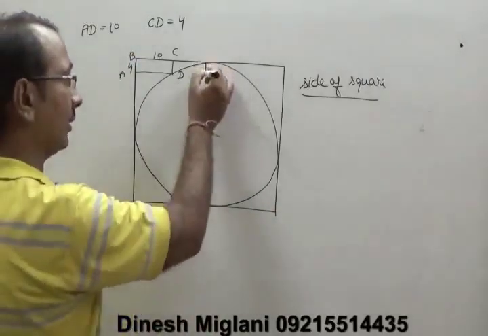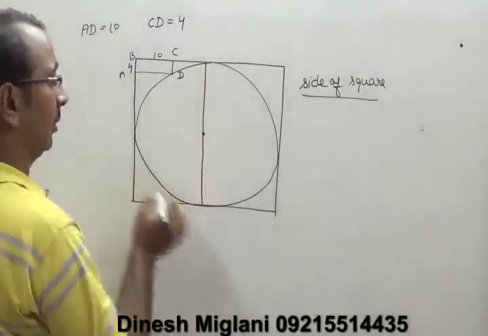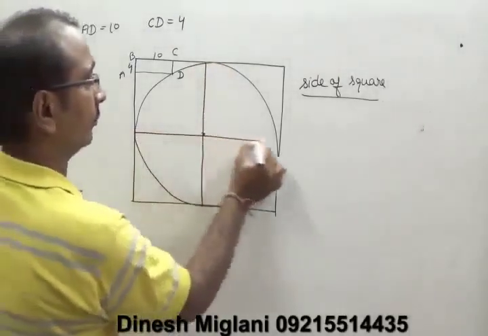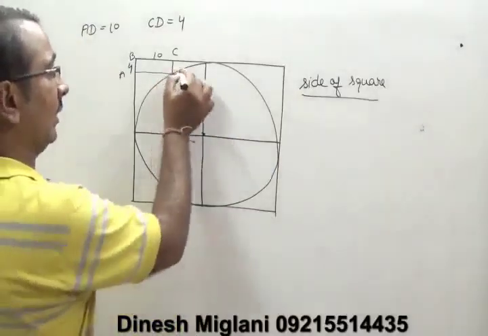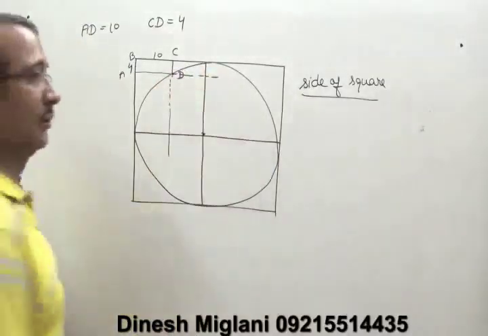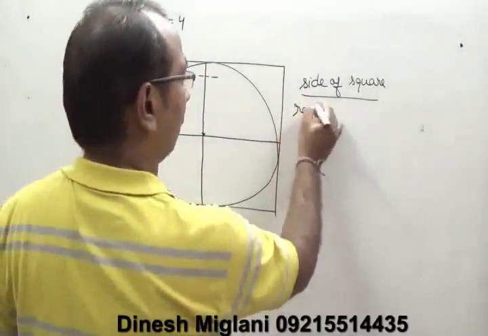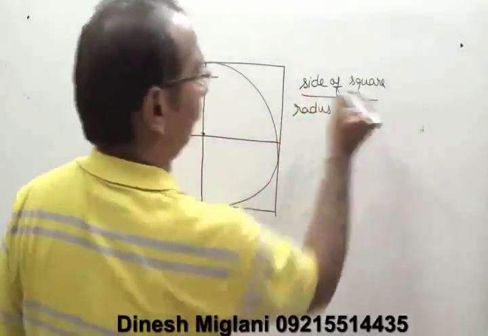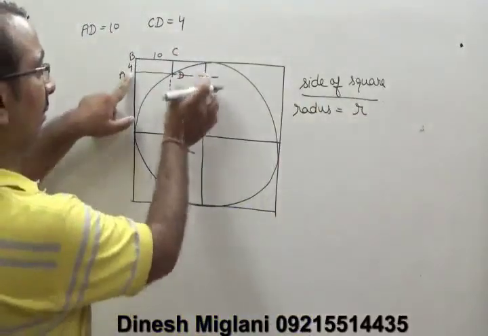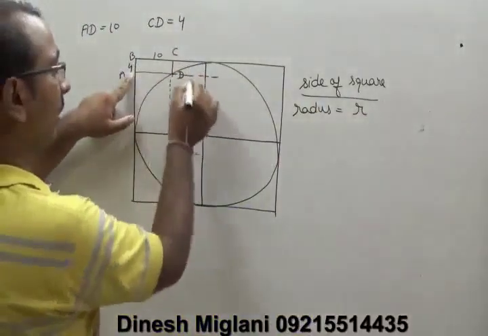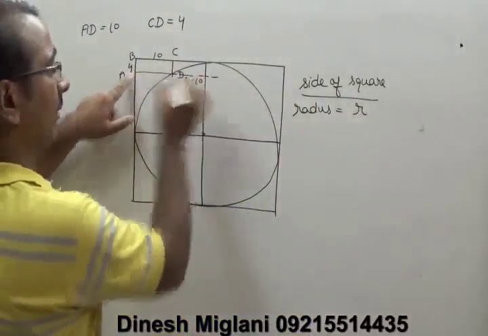Just draw it. We can draw this also, right? Extend it in such a way, right? I have assumed that the radius of the circle is equal to R. If the radius is R, it means this is R, that is R, this is 10, so this portion is R minus 10.